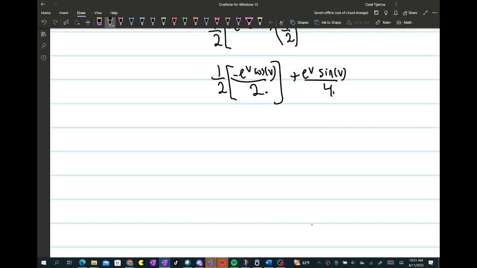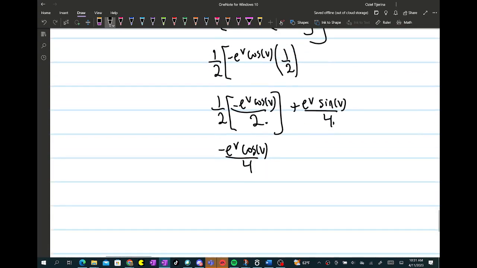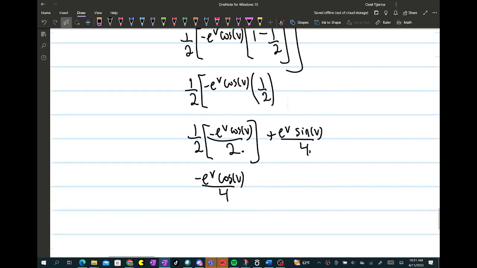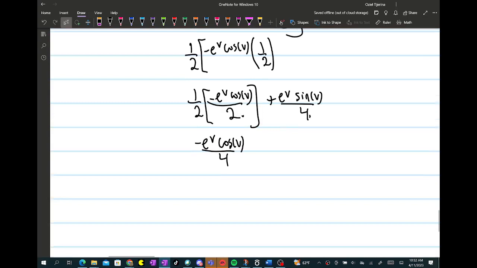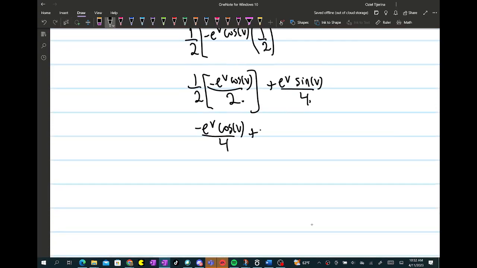So then what this becomes is negative e to the v cosine of v over 4, and then plus e to the v sine of v over 4.